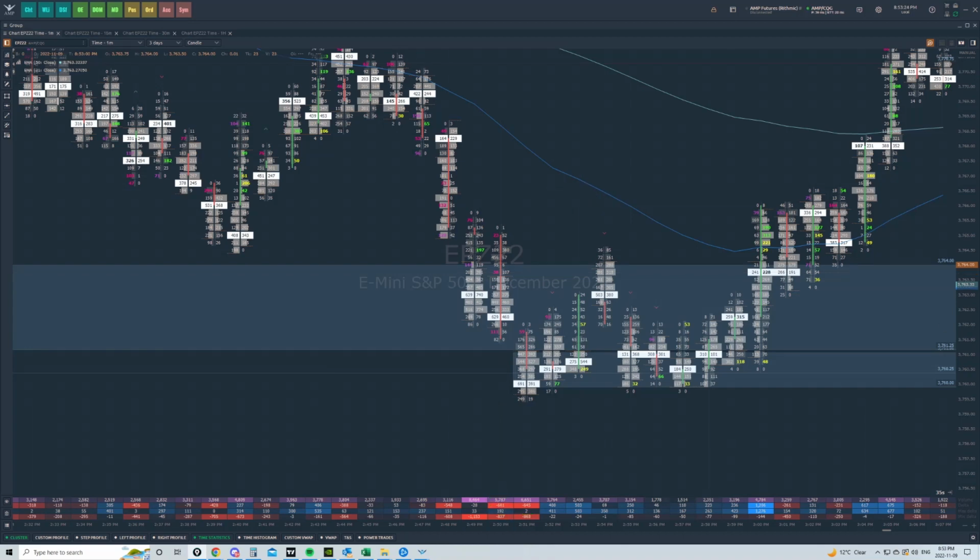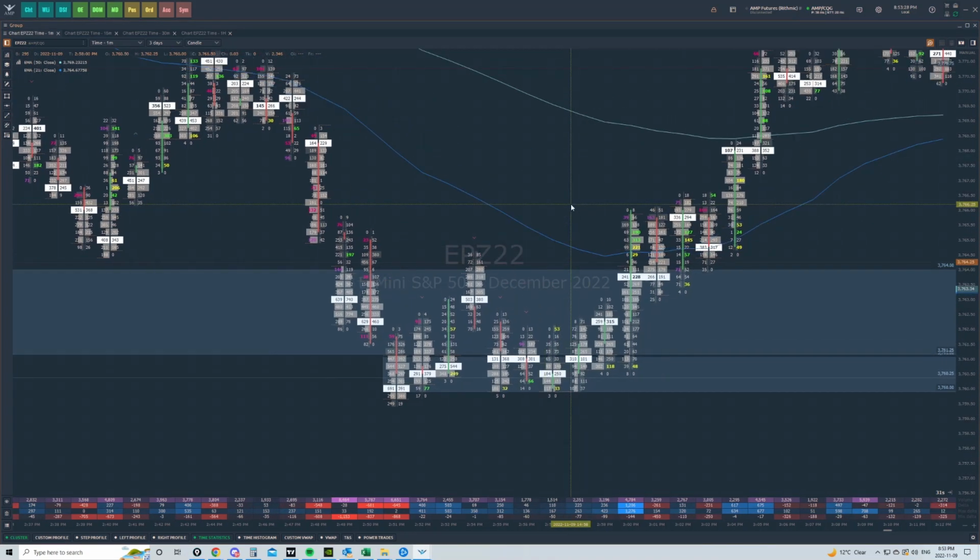Now, how can we use this in a scenario like this? This is sort of a longer term delta rotation. If we look at the aggression right here to the sell side, and right when we're done with one, two, three prints and we start going sideways here, we actually see more positive delta rolling in.